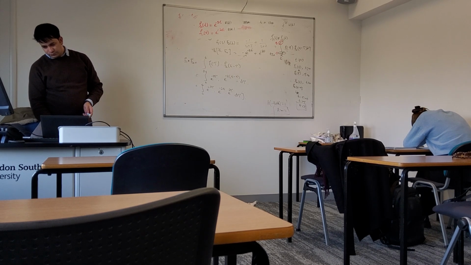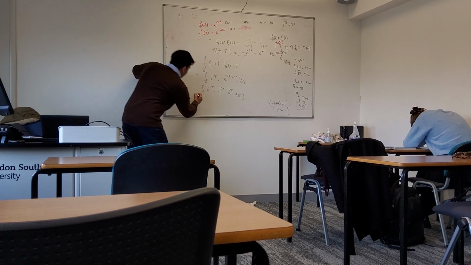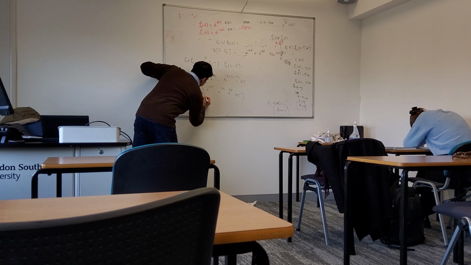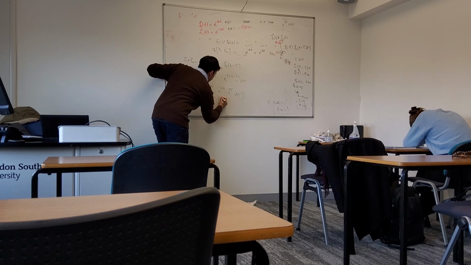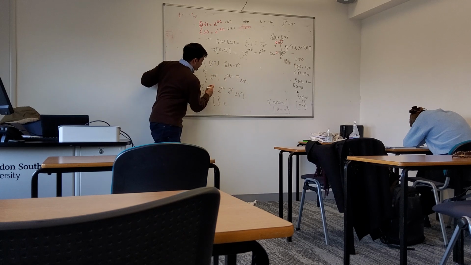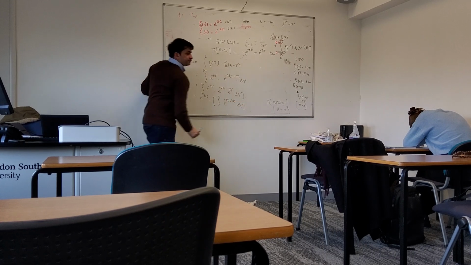Yes, so here e power minus 2t I can take out. Inside it would be the integral from 0 to t. When bases are the same, powers would be added, right? So minus 3 tau plus 2 tau, d tau.